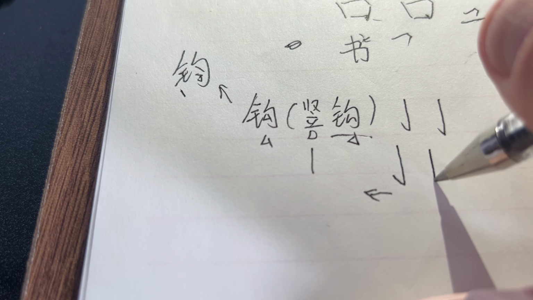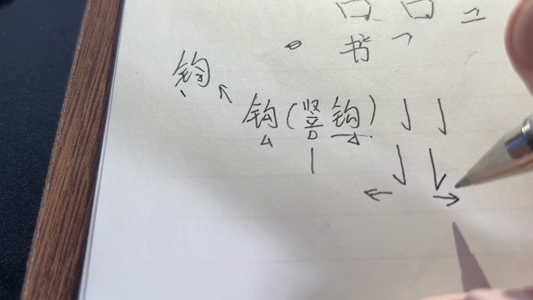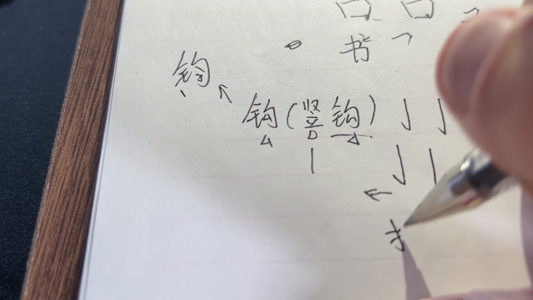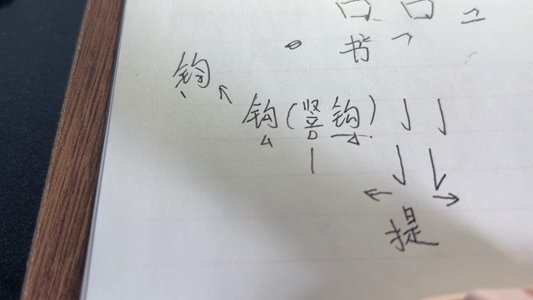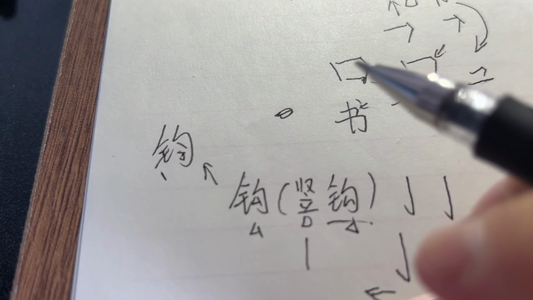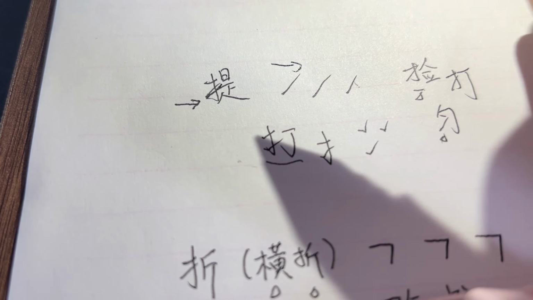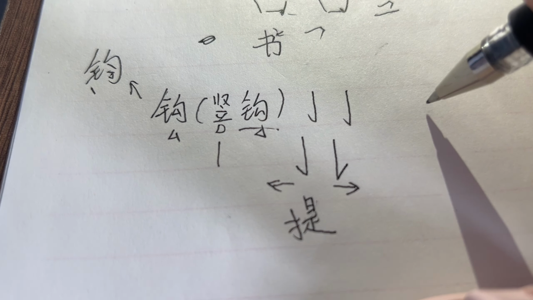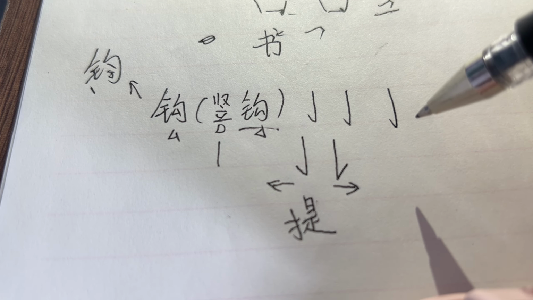But if it's facing this way, it'll be called T, which we showed up here. You can see this direction. So just go straight and up.